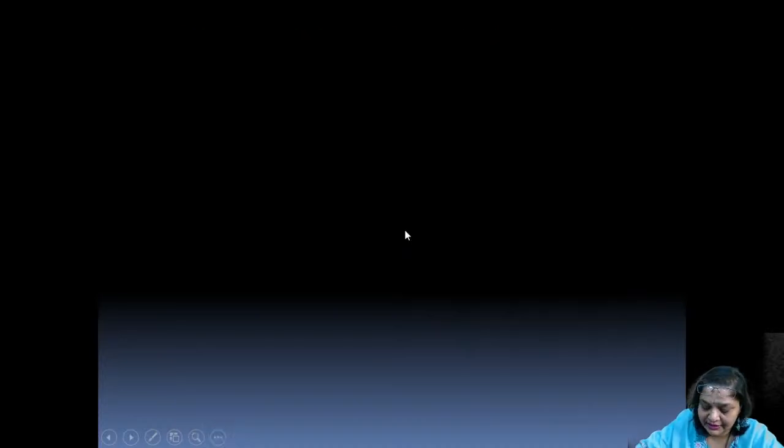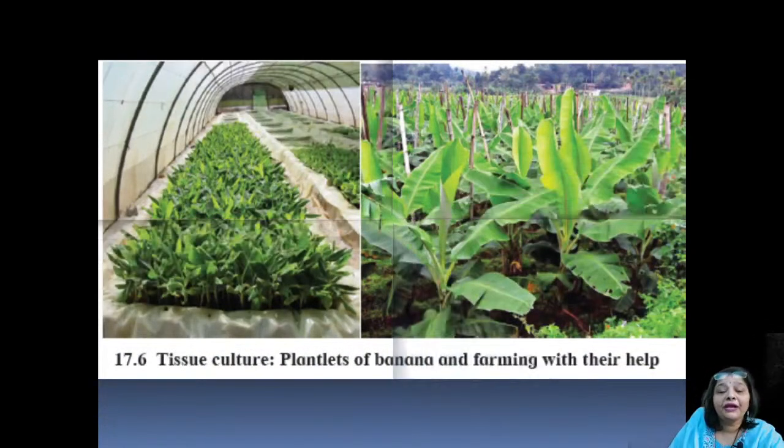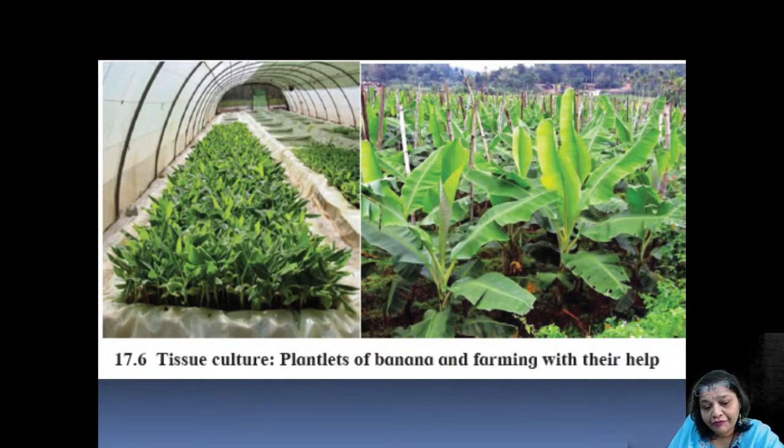Now, this process is actually a very, very important basic process, wherein you can see here the plantlets of the banana plant have been allowed to acclimatize in a greenhouse. You can very well see how the plantlets have started growing and getting accustomed to the natural environment, and later on these plantlets can be used for farming.